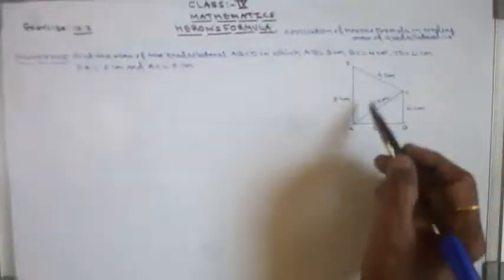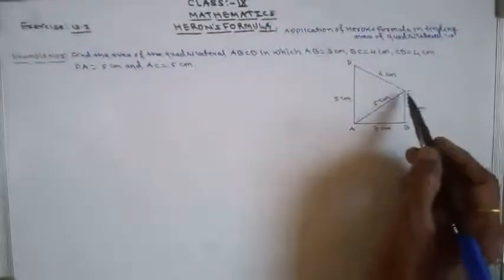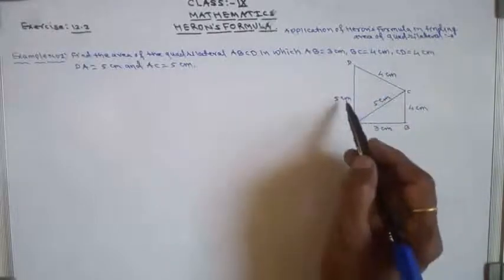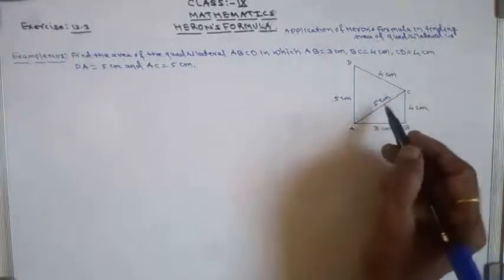Okay students, now see example number 2 in exercise 12.2. Here, find the area of the quadrilateral ABCD in which AB is 3 cm, BC is 4 cm, CD is 4 cm, DA is 5 cm, and AC is 5 cm.